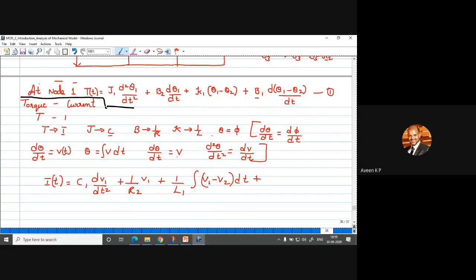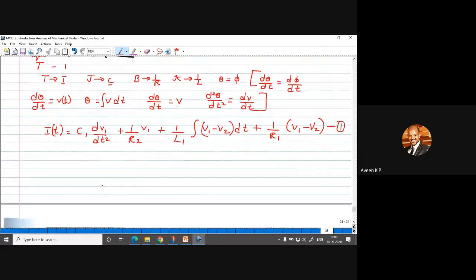So B1 I will represent as 1 by R1. So this I can represent as d theta 1 by dt minus d theta 2 by dt, d theta 1 by dt that is v1, v1 minus v2. Equation 1 with respect to torque current analogy. So this is how you will write the equation.